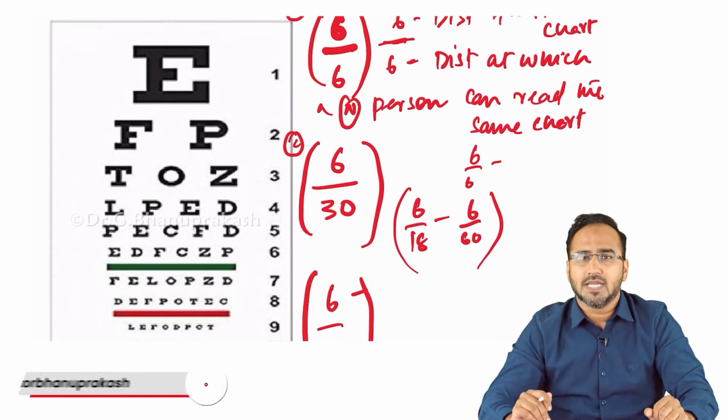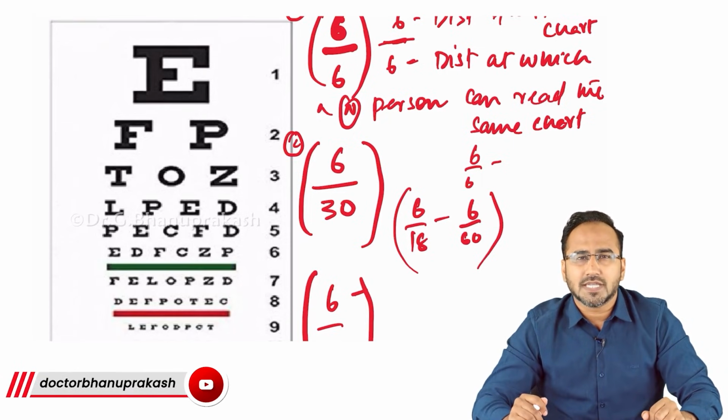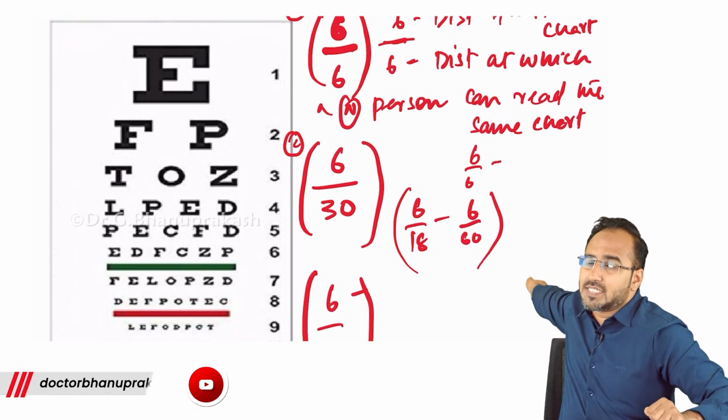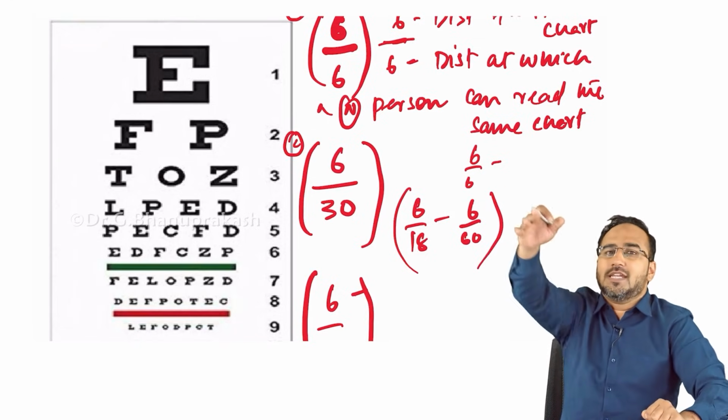6 by 30 means what? I am standing at 6 meters and still I'm finding it difficult to read the chart, whereas a person who's standing at 30 meters, much farther behind, can read.